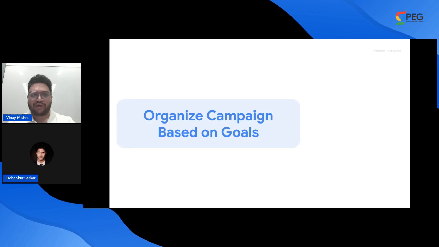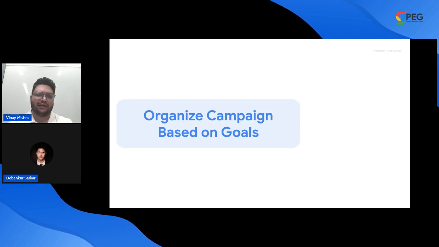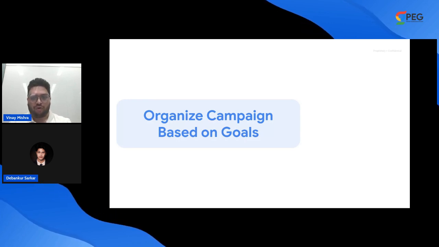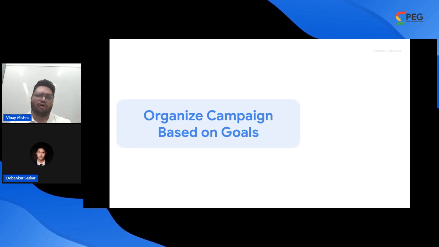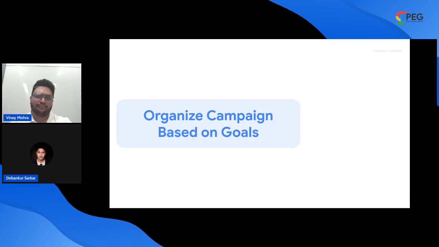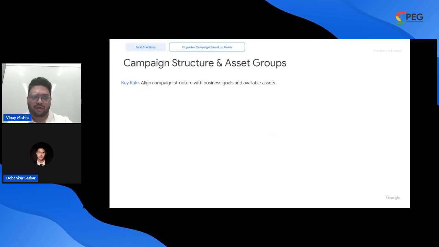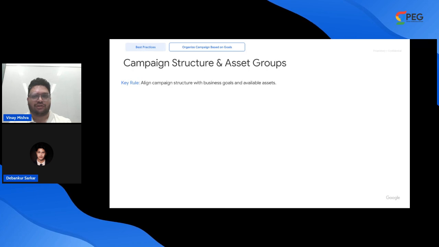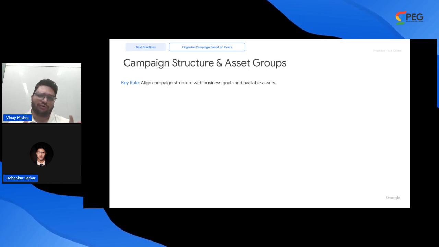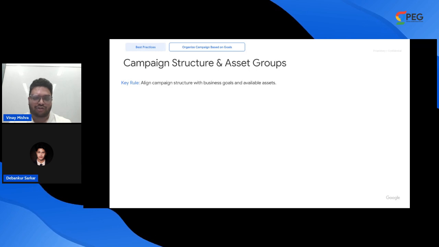Now, make sure that you're organizing your campaigns based on the goals, as I've mentioned earlier. If it is mostly towards leads, we are organizing your campaigns towards that goal. Let's quickly learn how we can do that. In terms of structuring, the key rule is to make sure that your campaign structures and asset groups are aligned with the business goals.